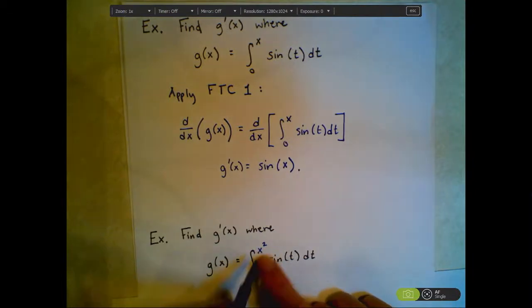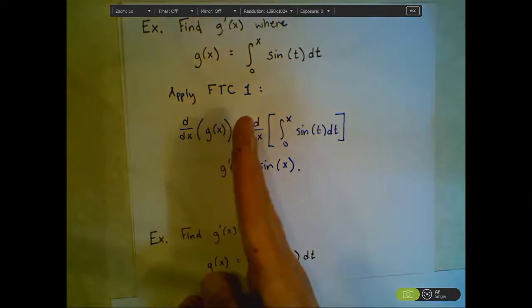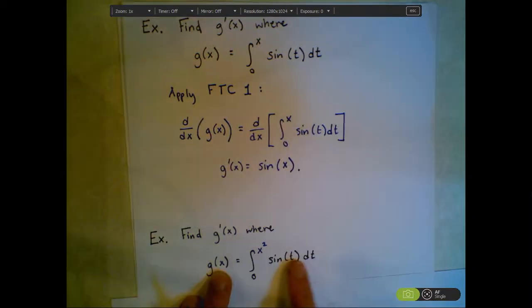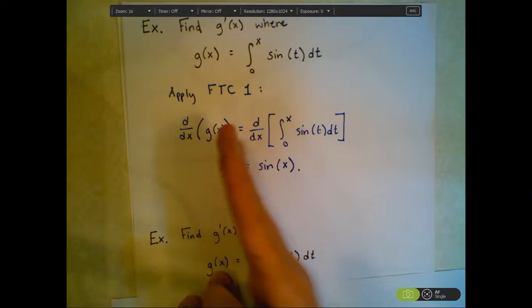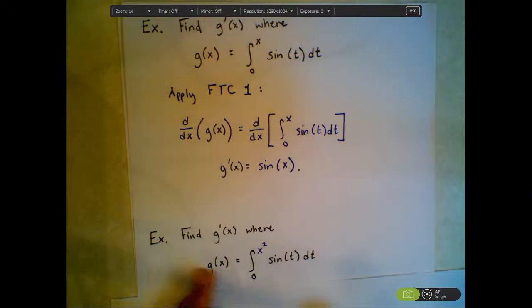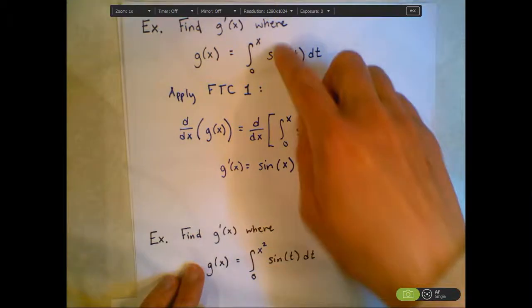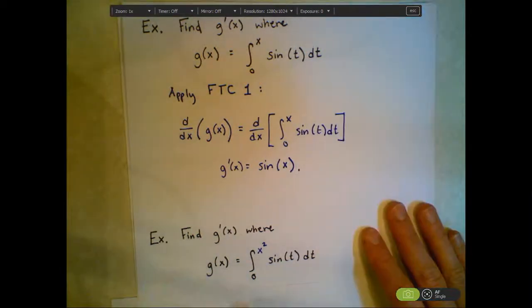What's the difference here? The difference is that instead of growing at a linear rate when I'm thinking of accumulating this area, it's growing much, much more rapidly, right? It's growing at a rate of x squared. And in order to evaluate this, we do apply the fundamental theorem of calculus, but we're going to have to use chain rule.